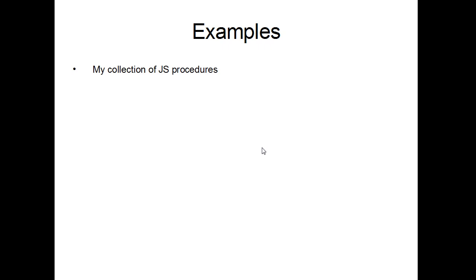These examples are, in fact, my personal collection of JavaScript procedures. Which means that these are real procedures that I've been using in different sites that I've been creating in the last few years. But I put absolutely no warranty whatsoever on these functions.